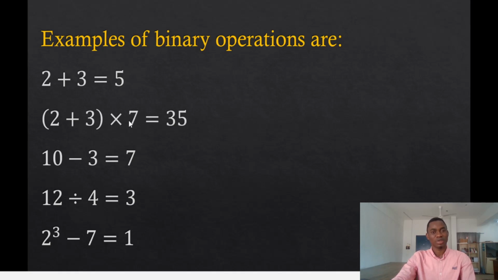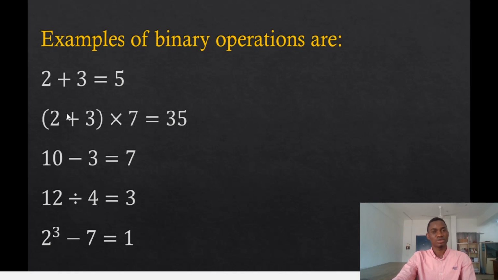It is still a binary operation, because the bracket is regarded as one thing, as a unit or as a collection. And in mathematics, priority is given to an expression inside a bracket, so whatever is inside a bracket is treated first.